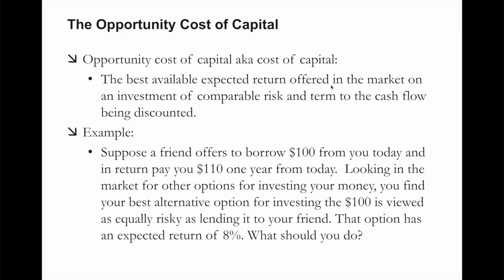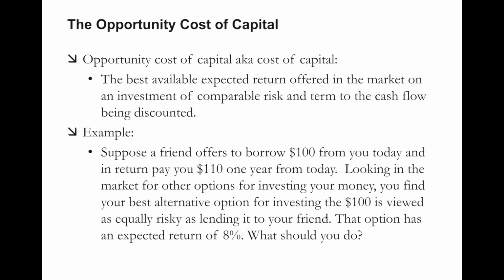So let's use an example. Suppose your friend offers to borrow $100 from you today and in return pay you $110 1 year from today. What would you do? Well, you look into the market to think about what would be the best use of your money if you didn't lend it to him. You find that the best alternative is an investment that is as risky as lending to a friend, and that investment happens to have a return of 8%.